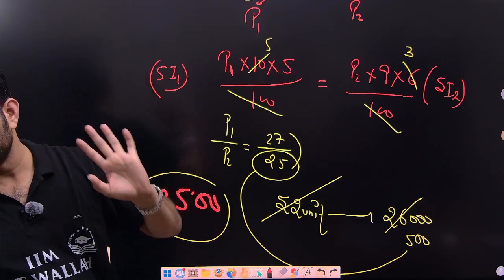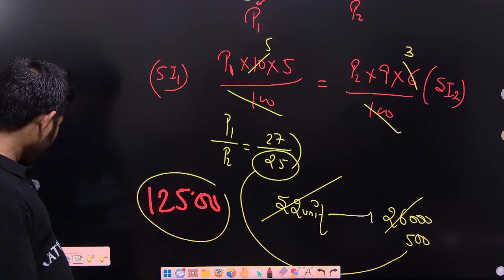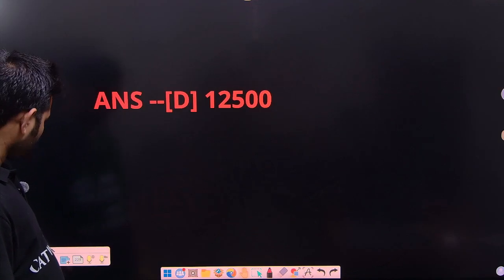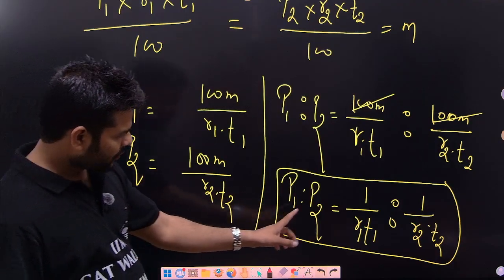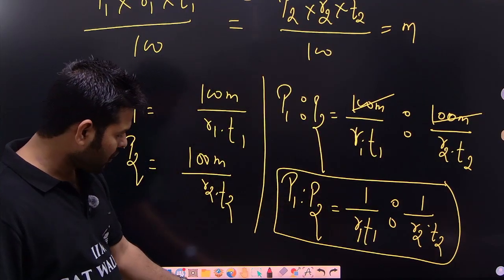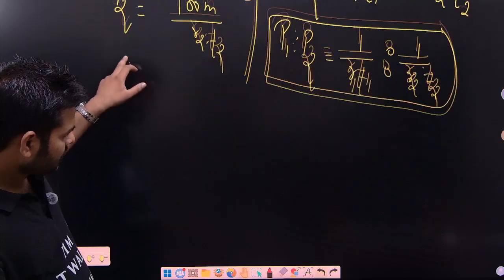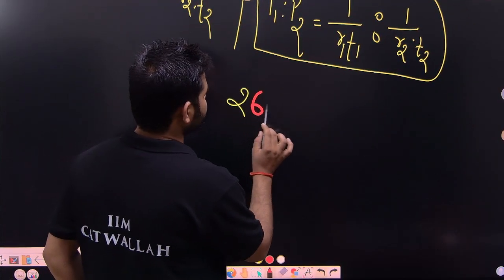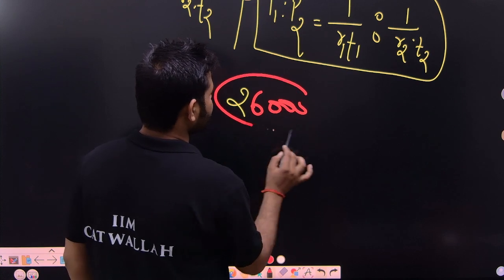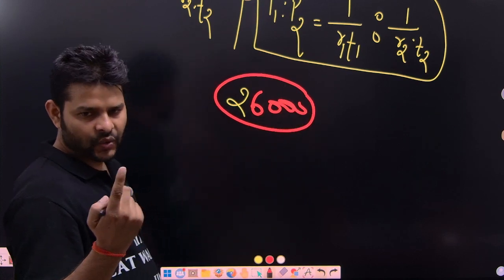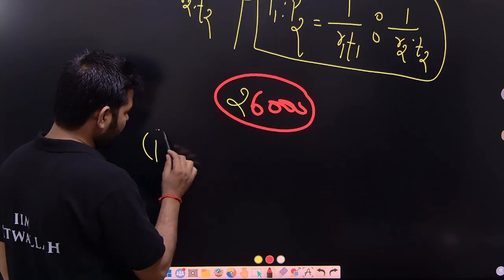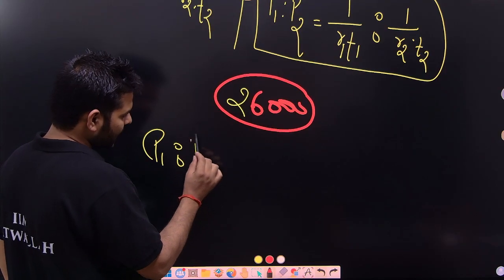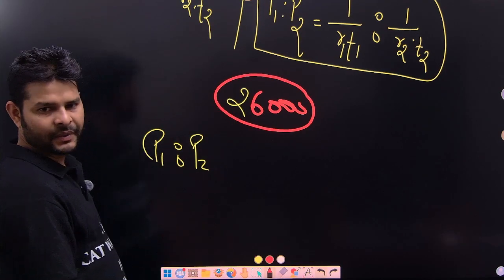So if I apply that formula on my question, we can directly find out the ratio. How? We had 26,000 and this 26,000 is divided into two parts. First is P1 and second is P2. I want to find out the ratio of P1 and P2.